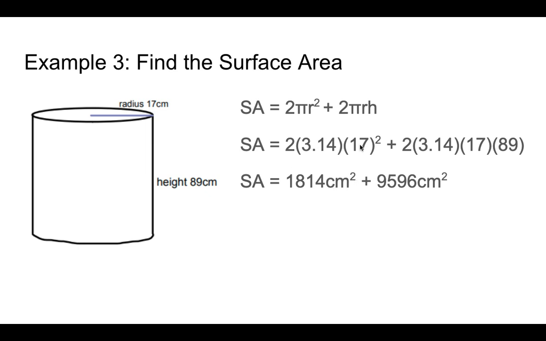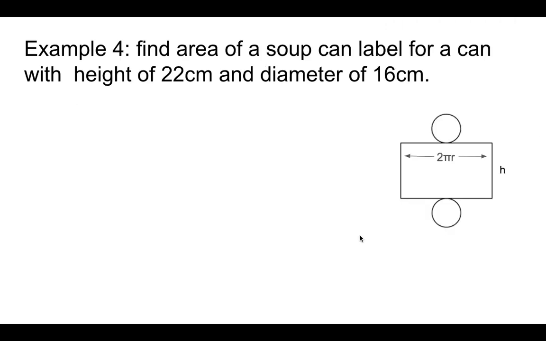Because we have two dimensions, it's area, so it's two-dimensional. And if I put these in, I get 9,596 centimeters squared. And my last step is to add these together to get my total. 11,410 centimeters squared is the surface area of this cylinder.